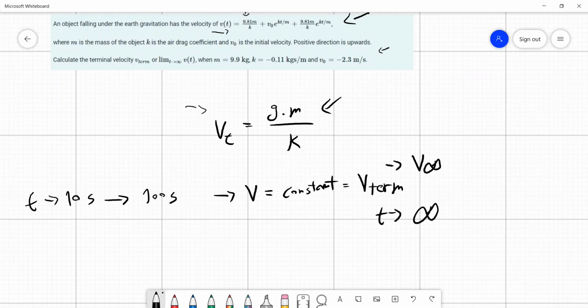Let's say you're free falling, not to Earth, but towards a black hole. I don't know what happens down there, but you're just going to free fall forever. Your velocity is not going to change after a certain point. You're going to hit terminal velocity, and you're going to go at that constant rate as you travel through time toward infinity, approaching v infinity. And we can think about this concept.